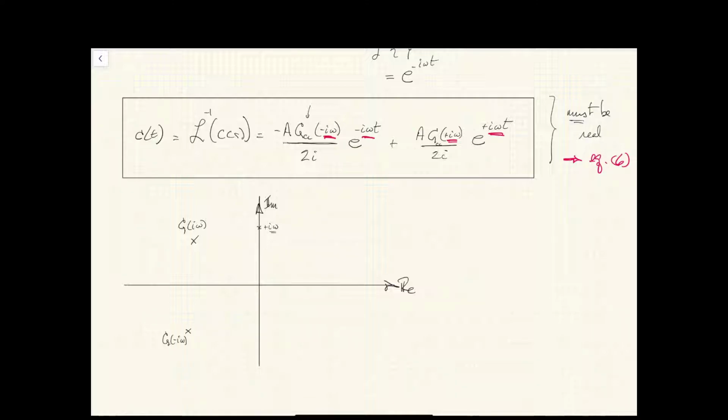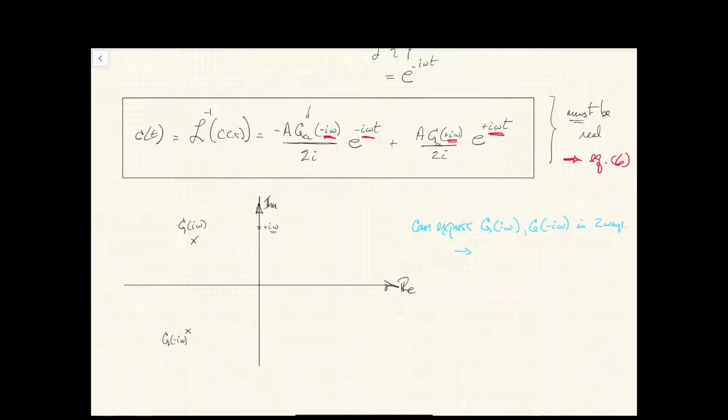So I can express these complex pairs in a couple of ways, right? I can express G of I omega and G of minus I omega in two ways.